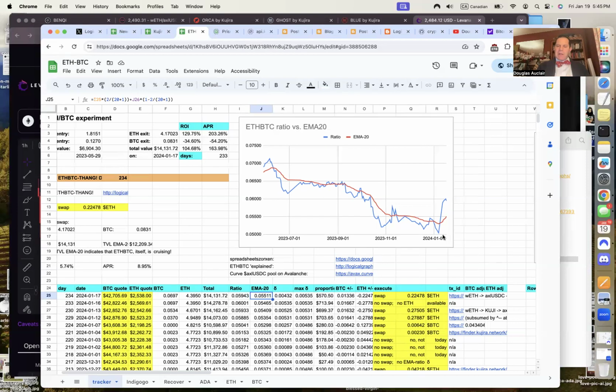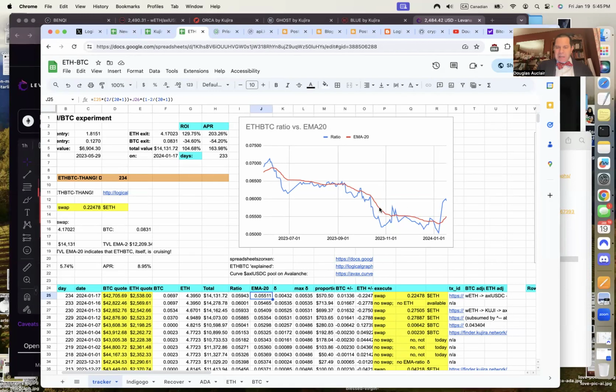So the rule then is that if the ratio is above the EMA 20, that means ETH is high and Bitcoin is low. And as a trader, you want to sell high and buy low. Well, you have that opportunity right in front of you. You've got ETH high and BTC low. And so you sell Ethereum and buy Bitcoin at a discount in relation to Ethereum.